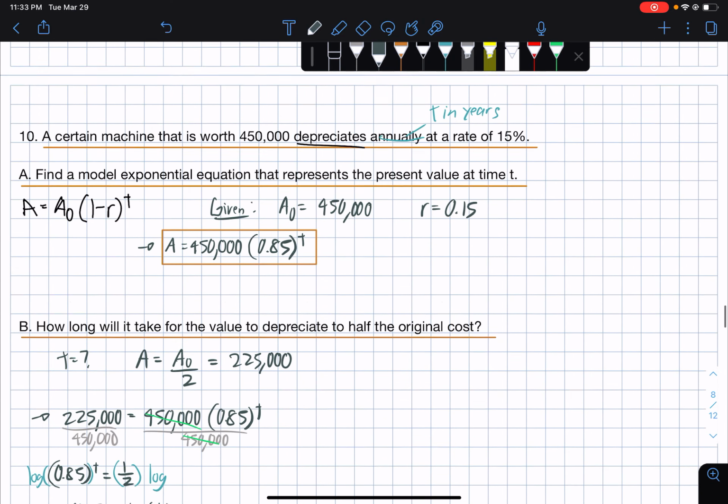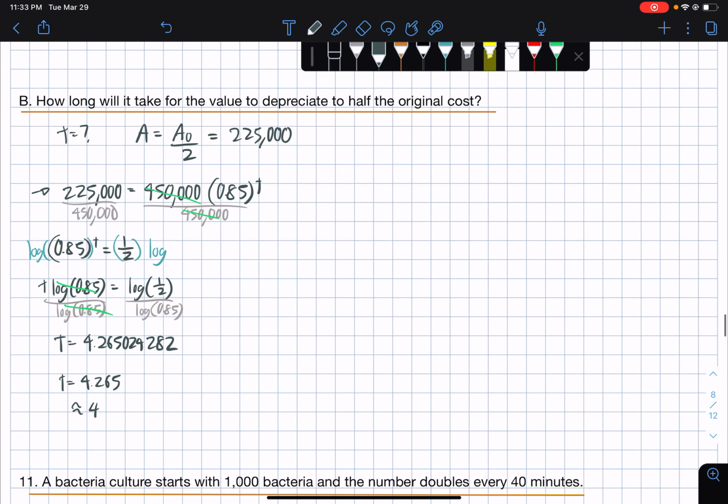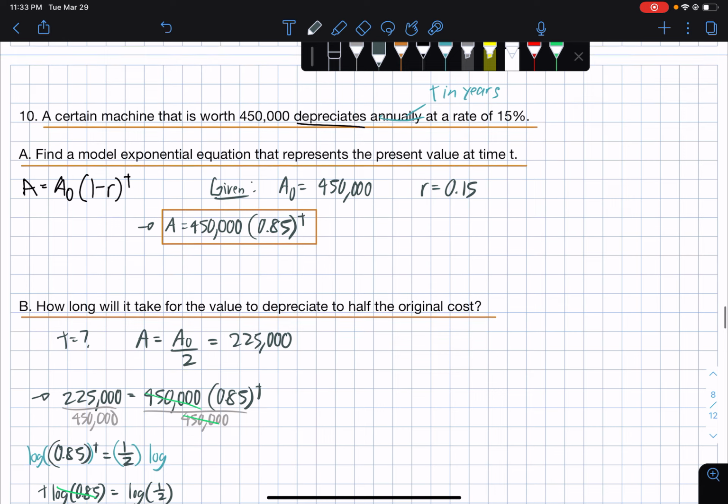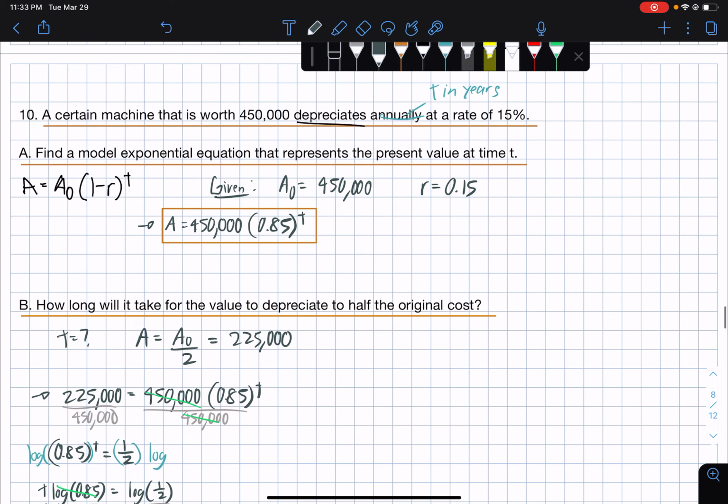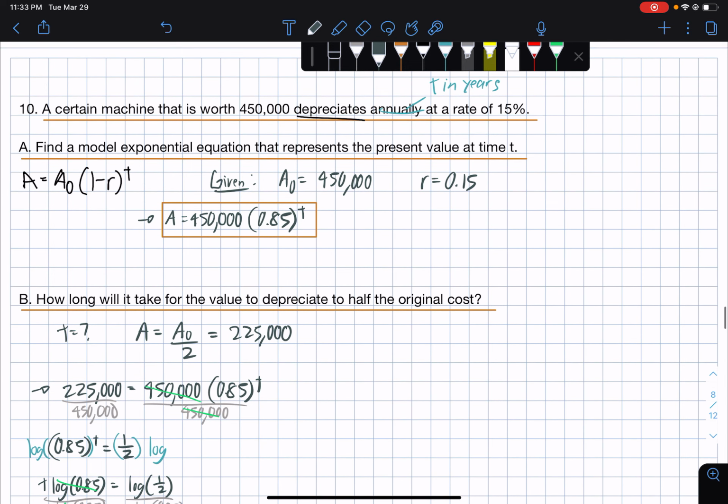What's the unit? Years. t in years. So it would take more than 4 years for the machine to depreciate to half the original cost.